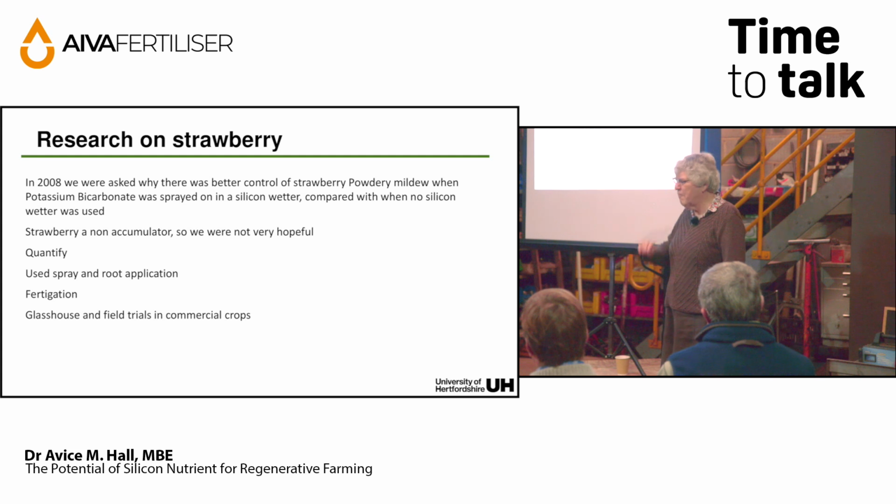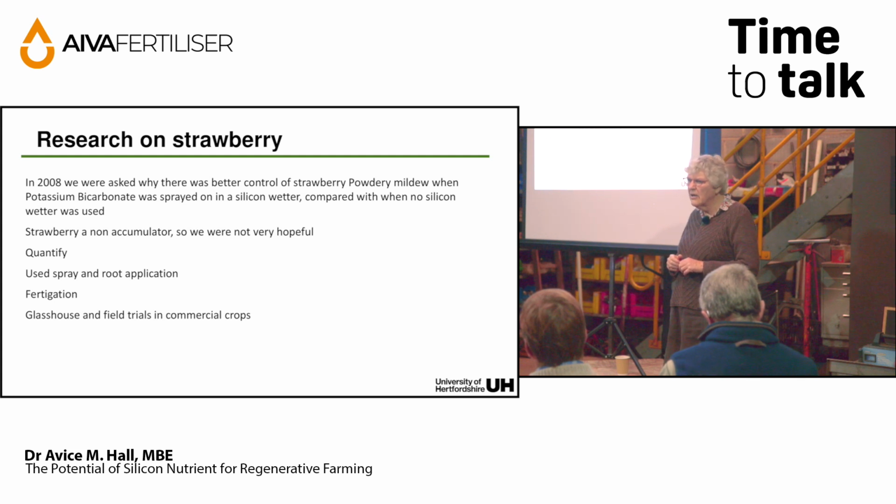And as she walked back, she said, why do we get better control of strawberry powdery mildew, which is the big disease everybody's worried about, if we use potassium bicarbonate? They use food-grade potassium bicarbonate as a sort of protectant fungicide, but she said if we use it in a silicon spray, or silicon wetter, I think was her words then.